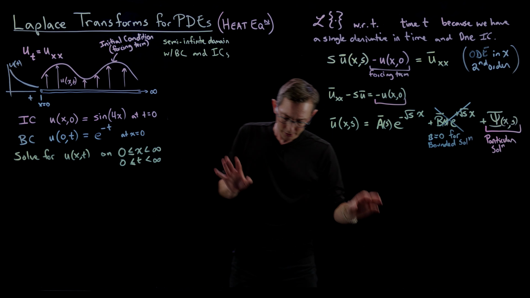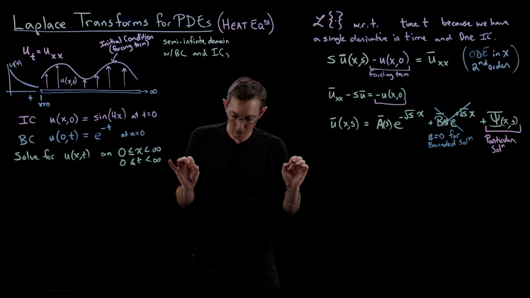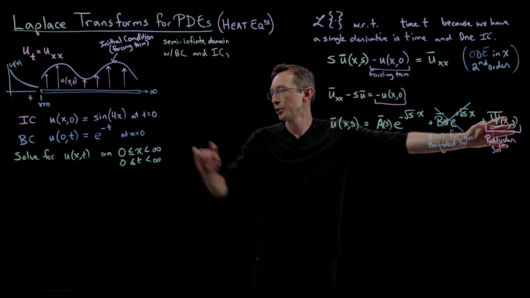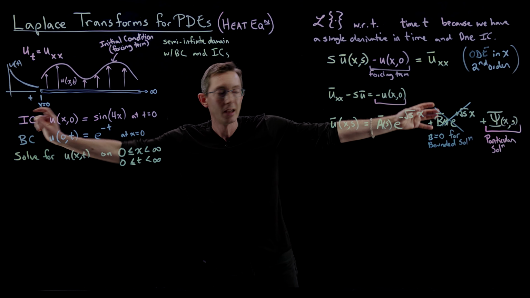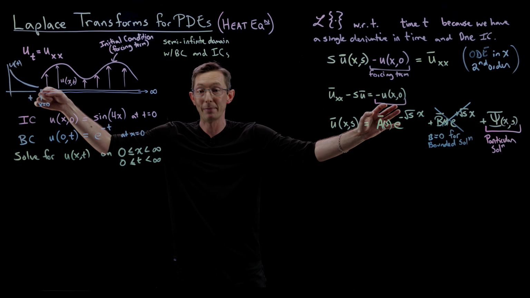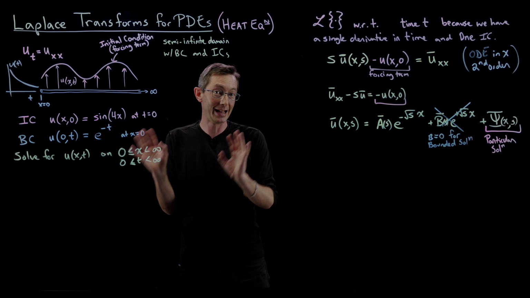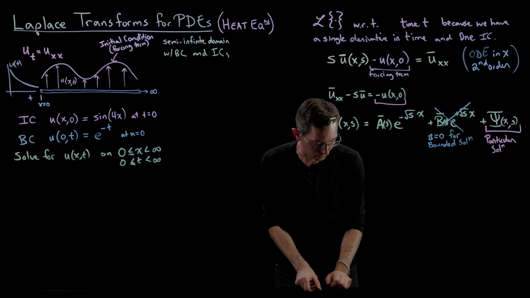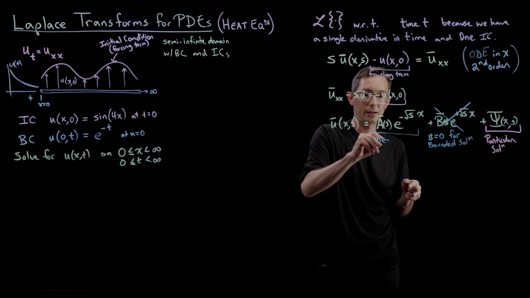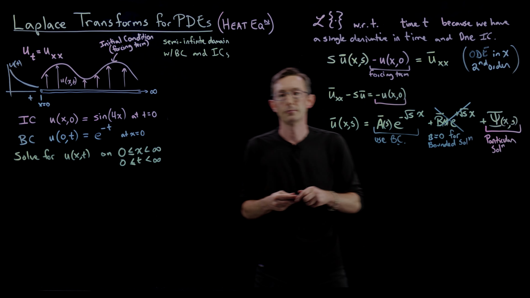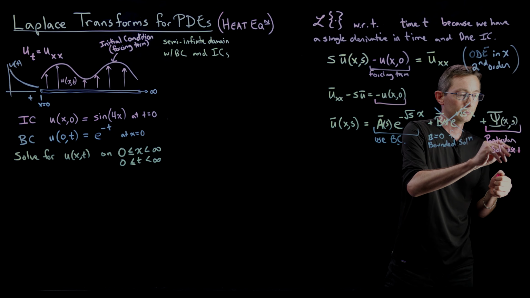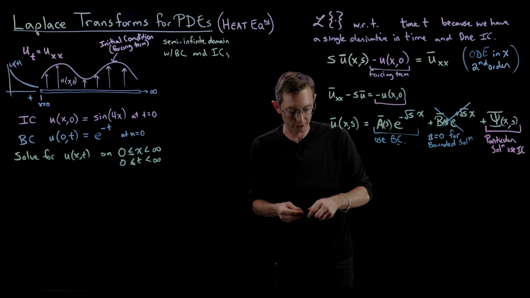Okay, good. So I am going to determine this particular solution using my initial condition. And then I'm going to determine what a bar of s is using my boundary condition. So here we're going to use our initial condition, and here we're going to use our boundary condition.